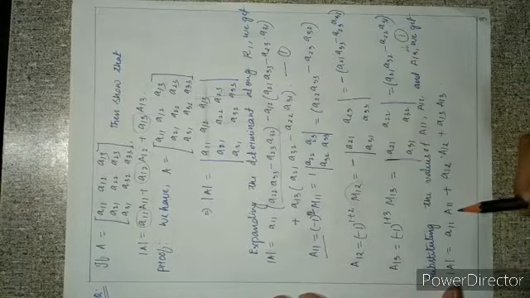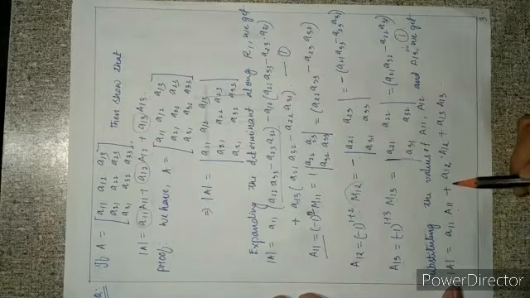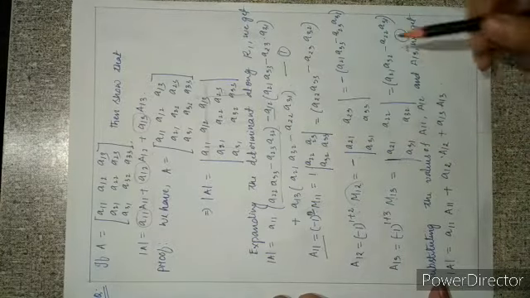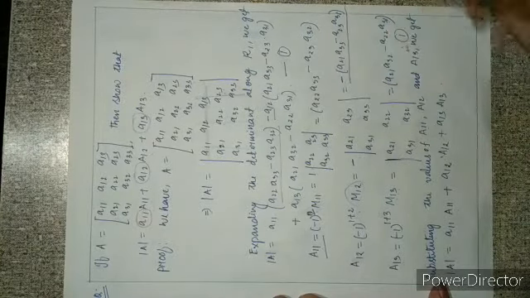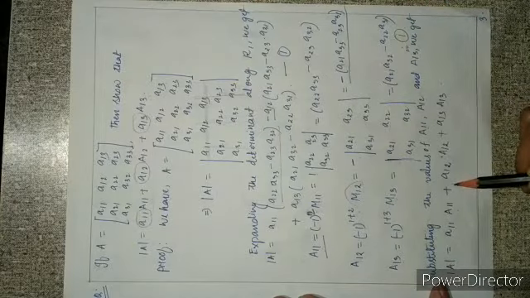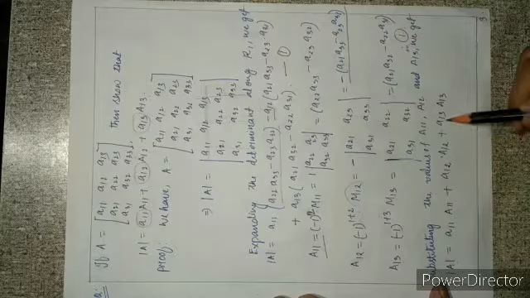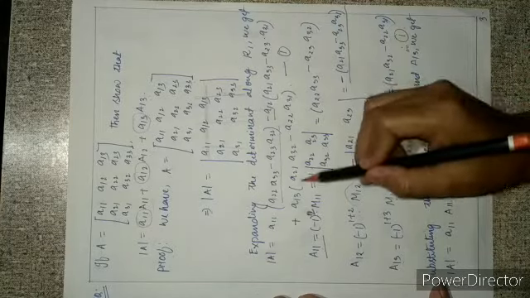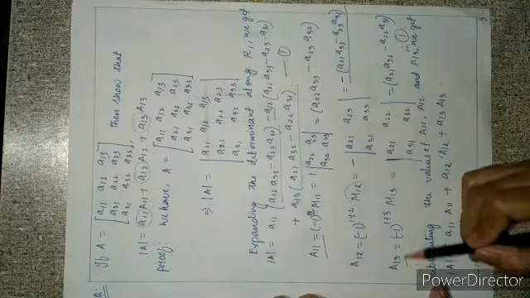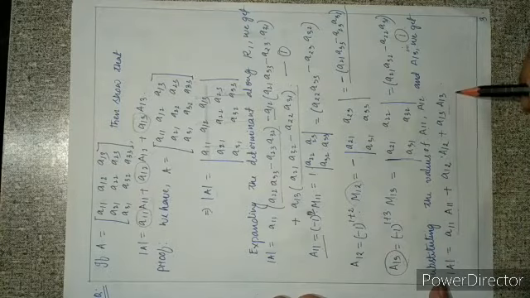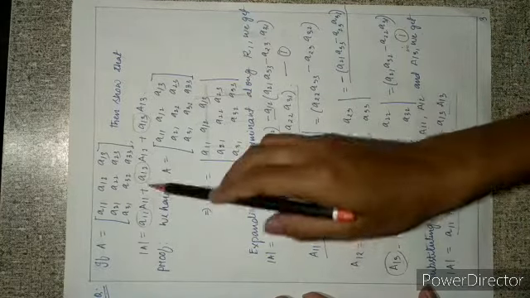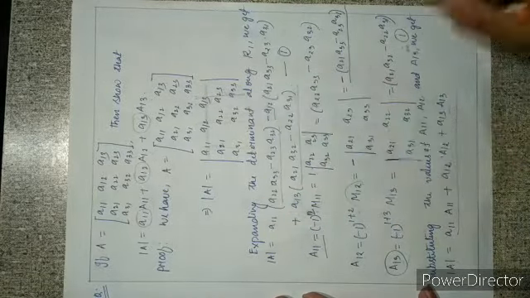This expression represents the cofactor A11. Then the minus sign is taken along, so element a12 multiplied by cofactor A12, plus third element a13 multiplied by cofactor A13. Hence, this determinant is equal to this expression.